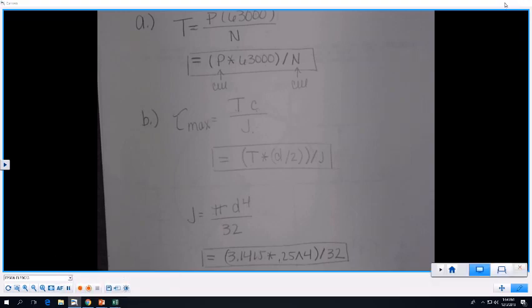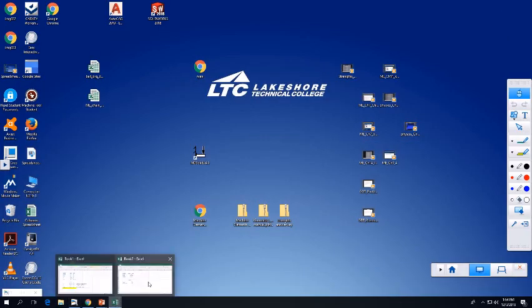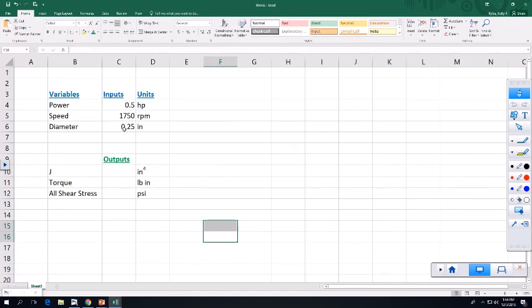I do have it kind of started already. So you'll notice that I put in at the top here my input variables. So power, speed, and that diameter of the shaft. Units for each, and then what the values were. Now I'm going to put in my outputs, so I'm going to start with my J value here.